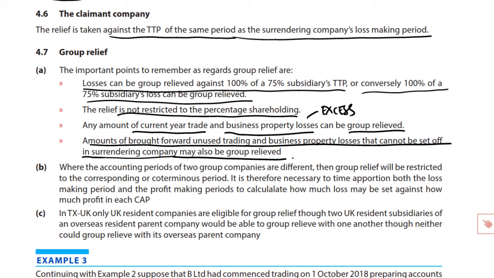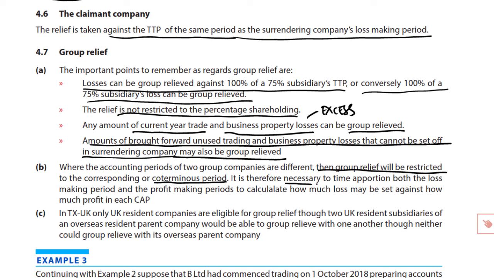As we'll discover in our next session together, where the accounting periods of two group companies are different, an unlikely practical circumstance but eminently an exam scenario, then group relief will be restricted to the corresponding, or coterminous, period. All that means is that we've got to do a bit of time apportionment. It ain't rocket science.